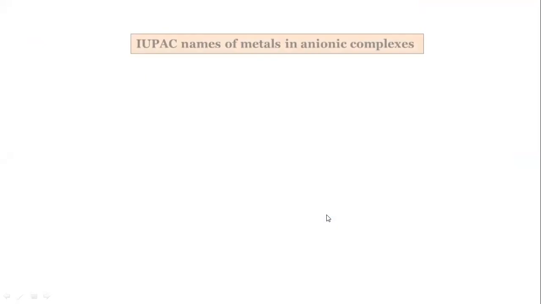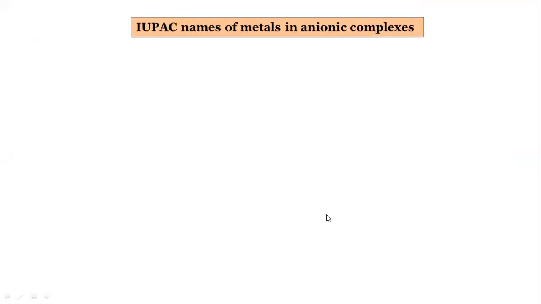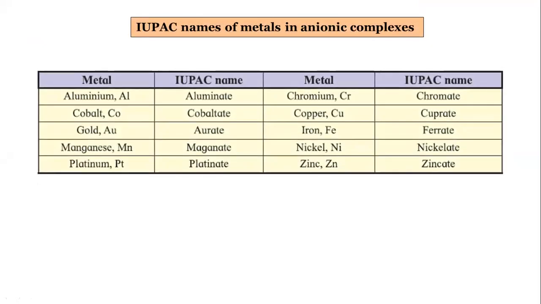Now I am coming to the names of some metals. One IUPAC rule is there: when the complex is anionic, the name of the metal ends with ATE. So see the metals here: aluminum will be aluminate. Cobalt will be cobaltate. Gold will be aurate, because see the symbol AU, aurate. Manganese, manganate.